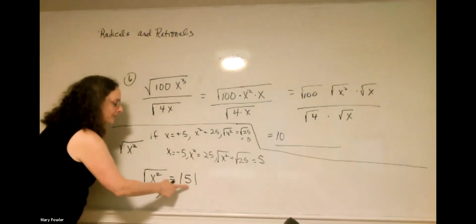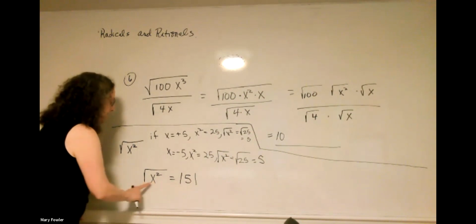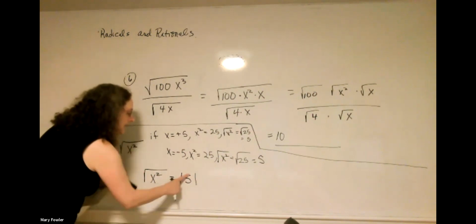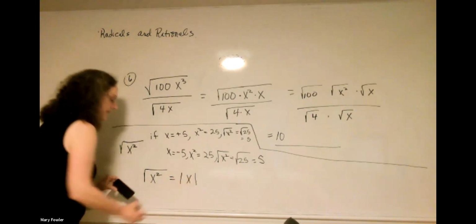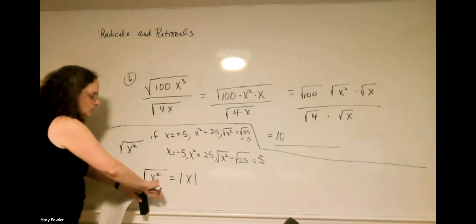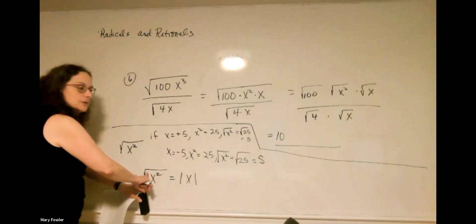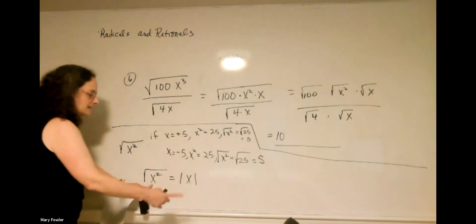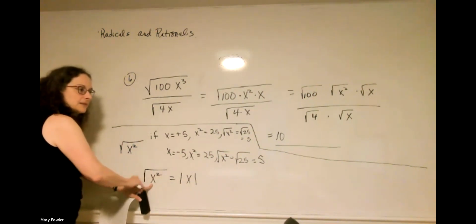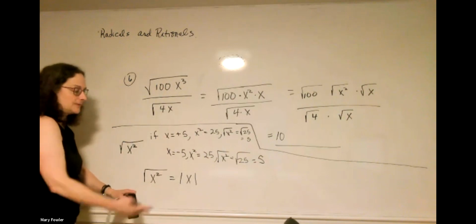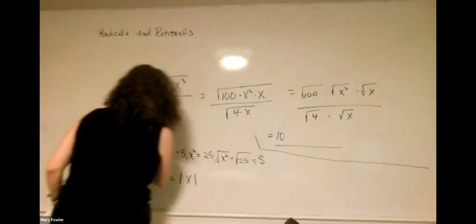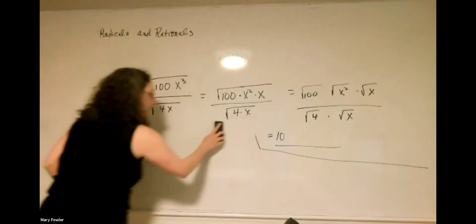In this case, the absolute value of 5. In general, the square root of x squared is the absolute value of x. Because if x was positive, you square it, it's positive, and you take its square root and it comes out positive. If x itself was negative, when you square it, it becomes positive, and you take its square root and get the negative of x. So it's the absolute value of x here. We can move back onto the problem.